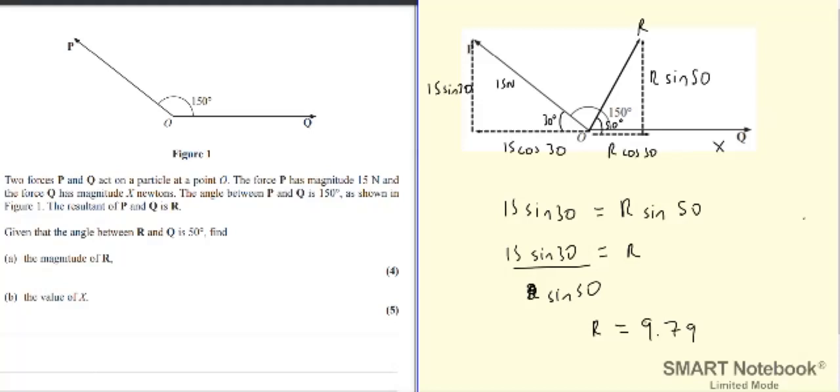The reason we can't resolve horizontally is because Q's unknown. You would have had R's unknown, and you would have only had 15 cos 30. So you've got two unknowns in one equation there, which we then wouldn't have been able to do. Does that make sense?